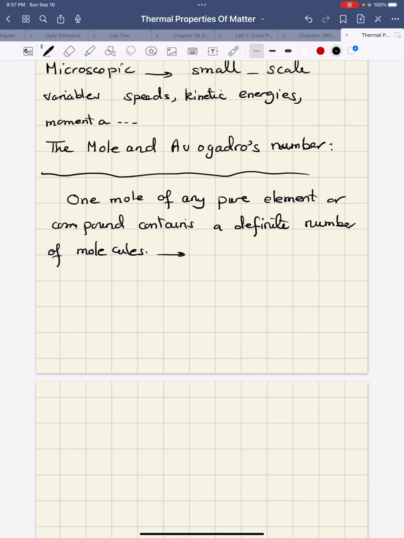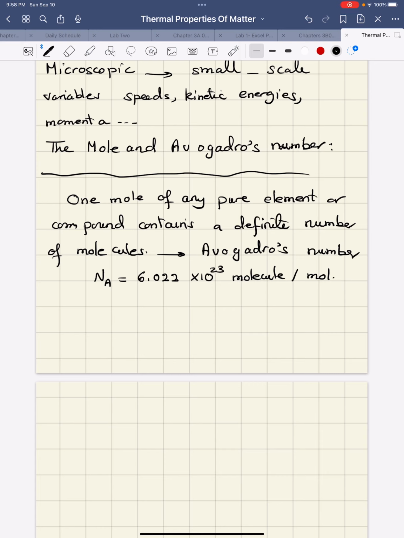That definite number we call Avogadro's number, with the notation N_A, and it is 6.022 times 10 to the 23 molecules, or atoms, per mole. Then any mole of an element or a compound is going to have this number of molecules, or atoms.